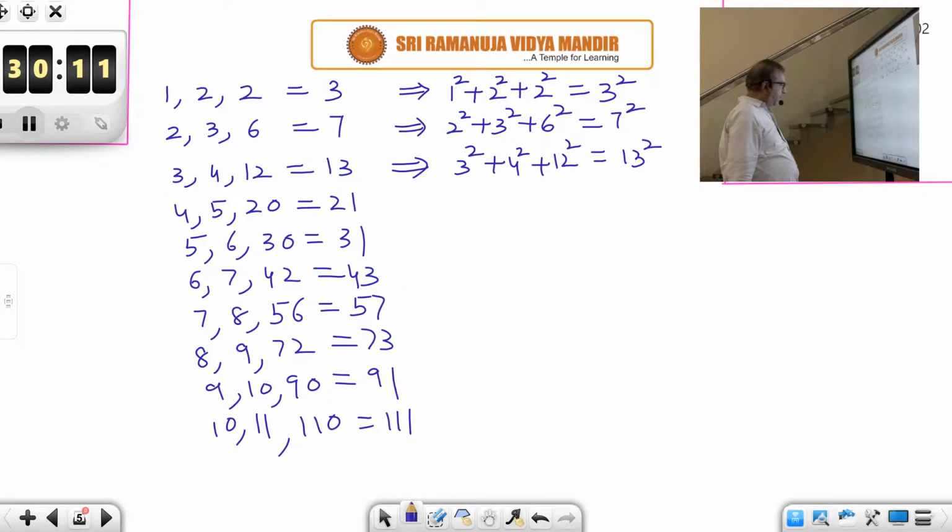After 10, 11, 110, what is the next one? 11, 12, correct. 11, 12. Wrong. 11 into 12 also you are not able to calculate. 11 into 12 is 132. Okay.